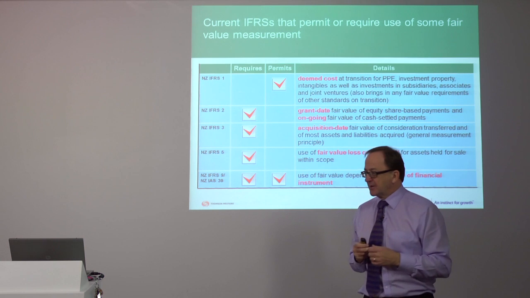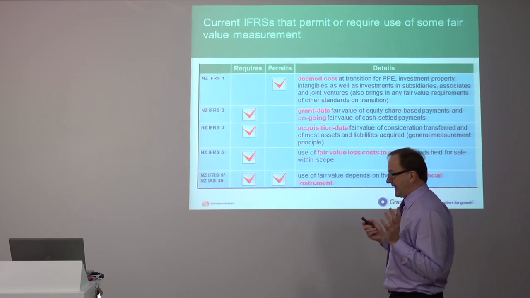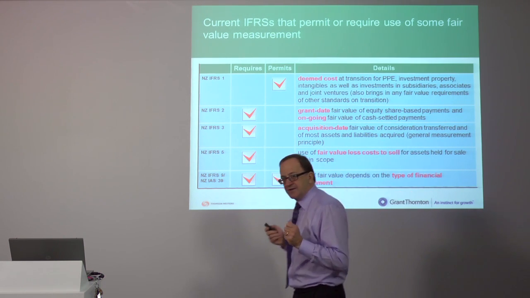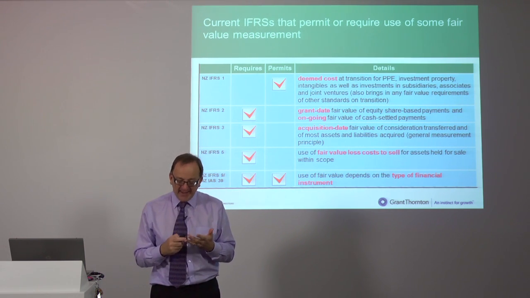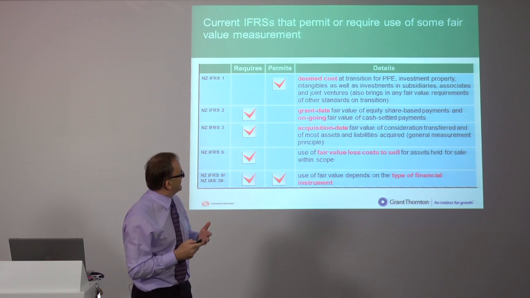And really the purpose of this slide and the two or three that follow is to bring out the fact that IFRS talks about fair value in many, many ways.